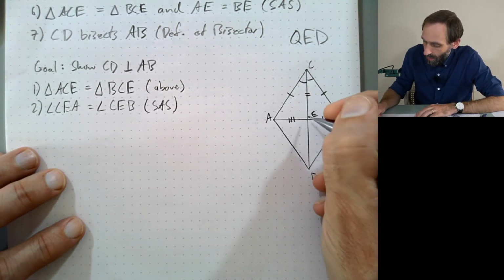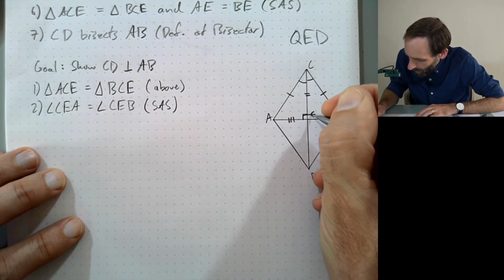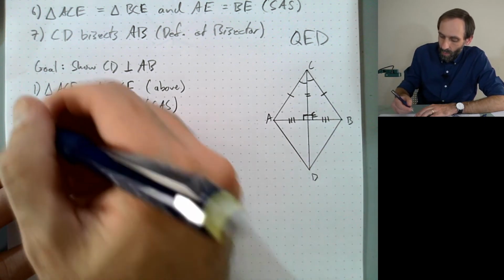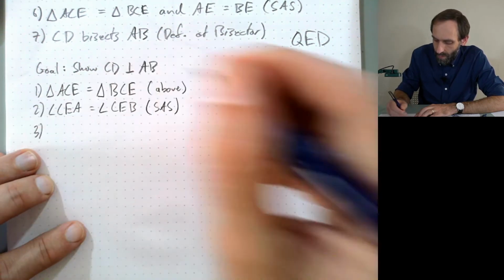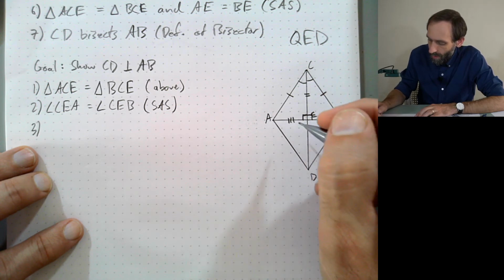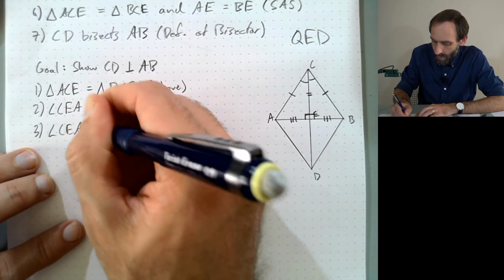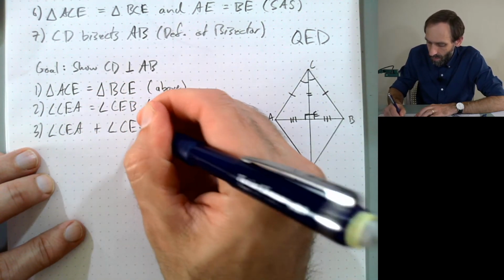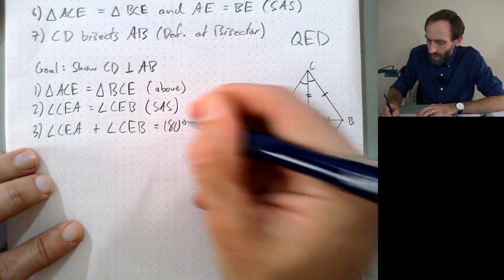So now that I know that these two angles here are equal, I'm going to go ahead and write it with a perpendicular because I know they're also perpendicular. So those two angles are equal. Well, we also know that the angle CEA plus the angle CEB add up to 180 degrees. How do we know that?